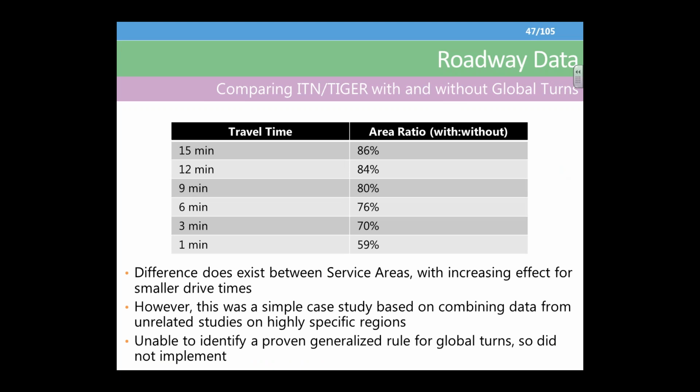That's not a realistic model of the world, and we don't have the resources to find turn delays for every intersection in the state, and we weren't able to find a proven generalized rule. So we stuck with the solution that did not have turn delays implemented.